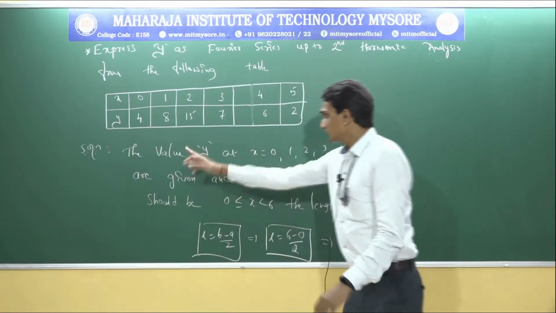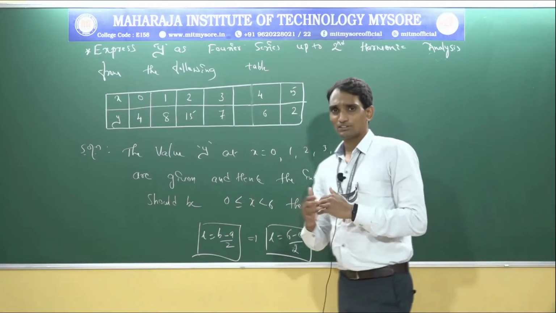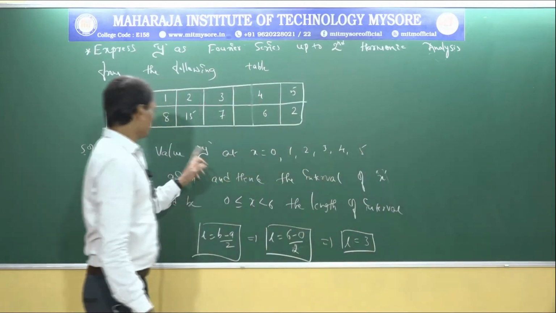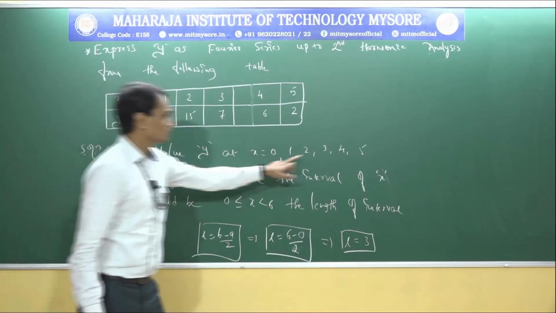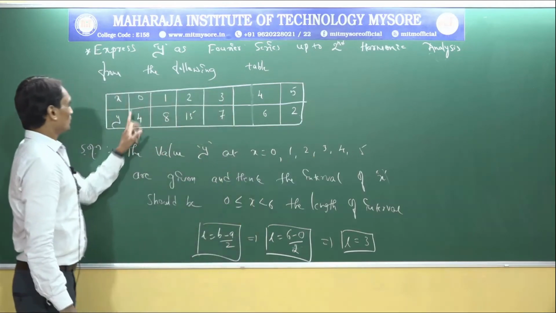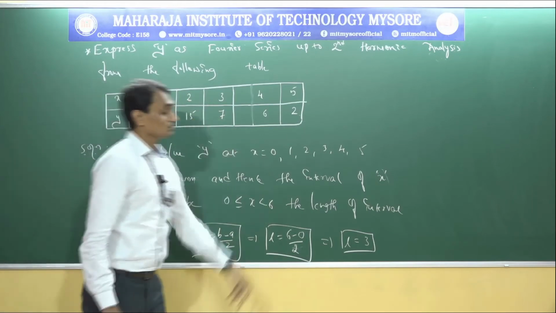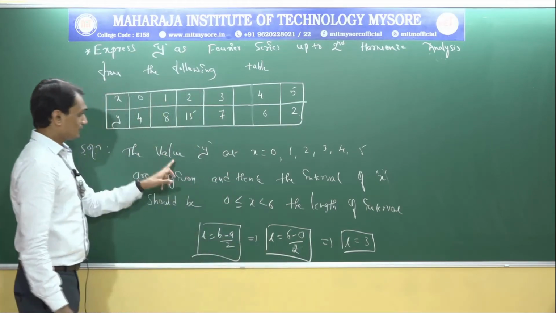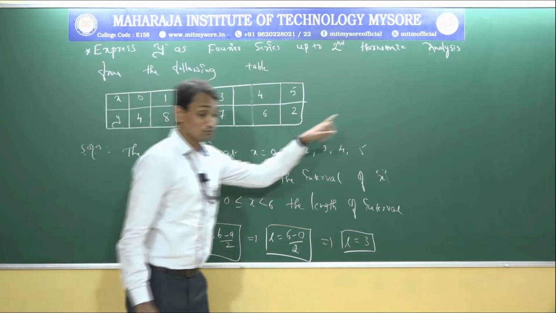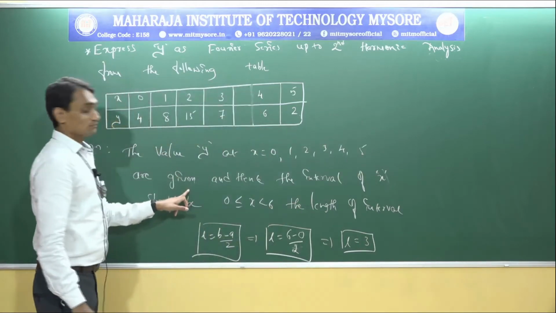For the solution, the value of y at x equal to 0, 1, 2, 3, 4, 5 are given.